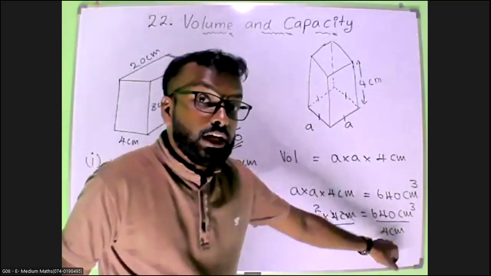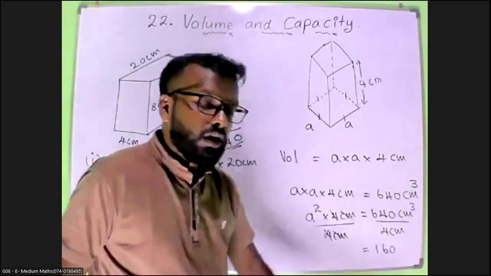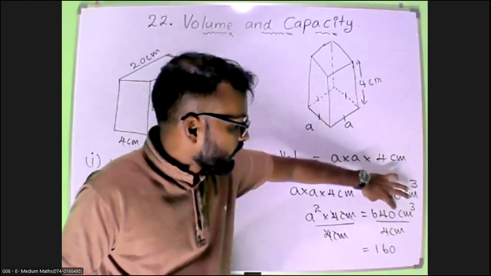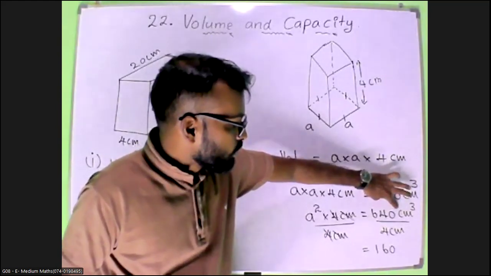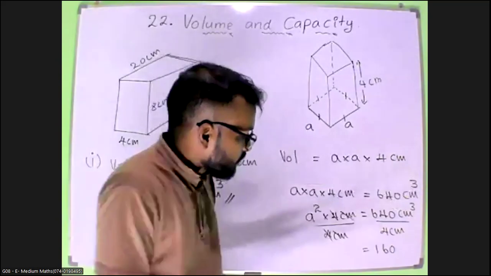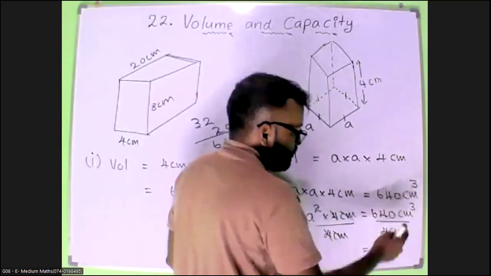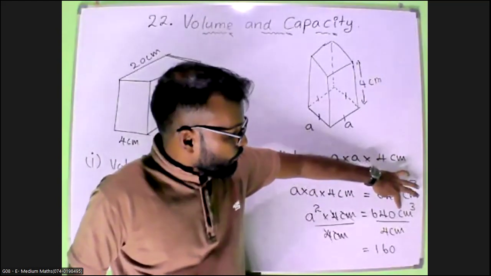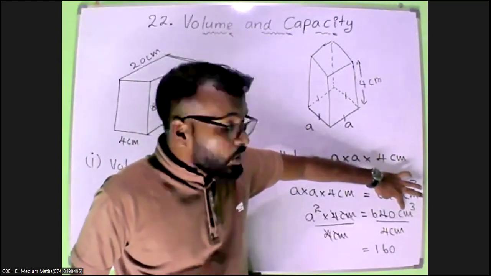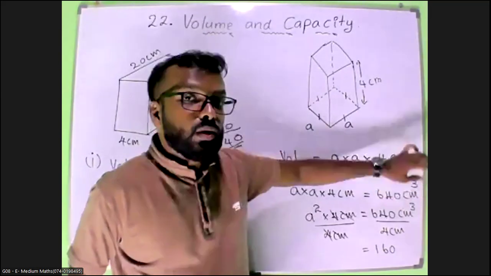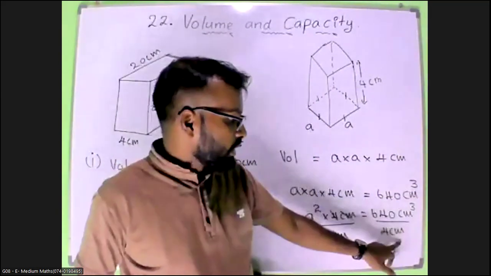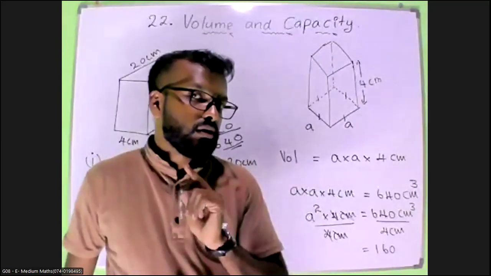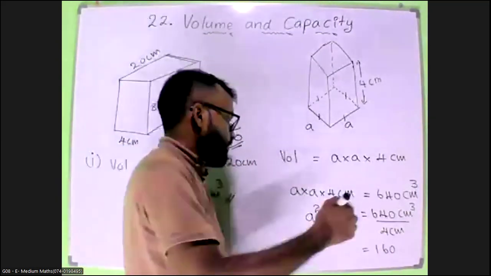What is the unit? How do you define the unit? On the top, you have cubic centimeters, centimeters to the power 3. And in the denominator, you have only 1 centimeter. How do you check it?